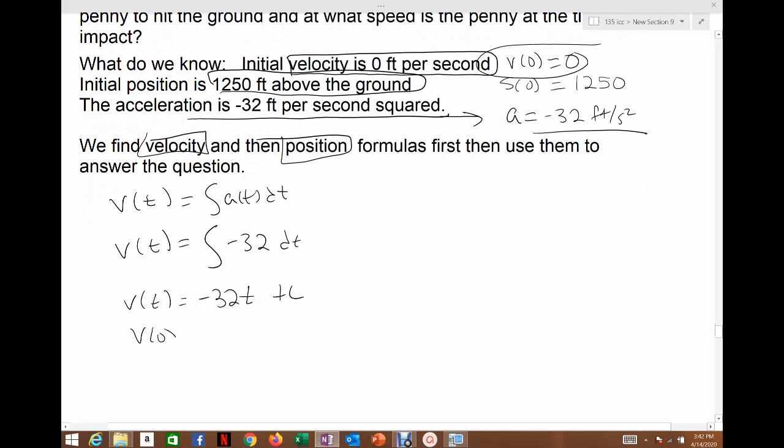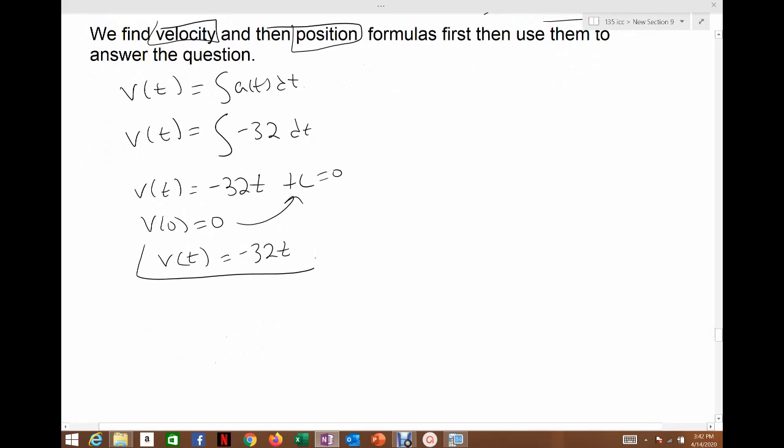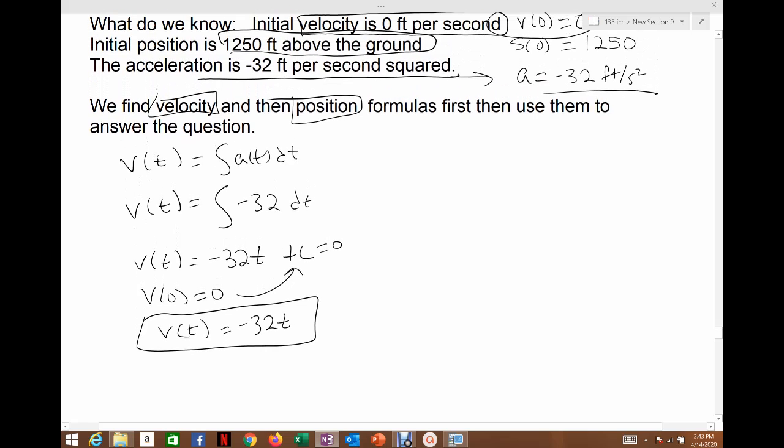When I plug 0 in, I should get 0 out based on my initial velocity. And so that means the constant is 0. And so this is the velocity equation. That will give me the speed of the penny at any time in feet per second.